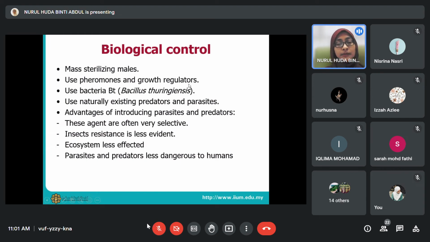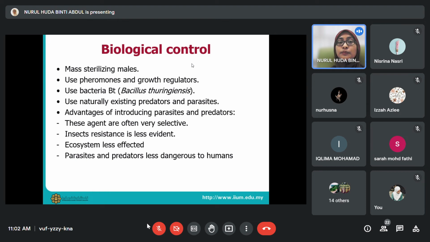Okay, then we have biological control. Biological control means that you manipulate either the pests, or the predator or parasitoid of the pest. So first, you can mass sterilize the male. Here, it means you manipulate the pest.